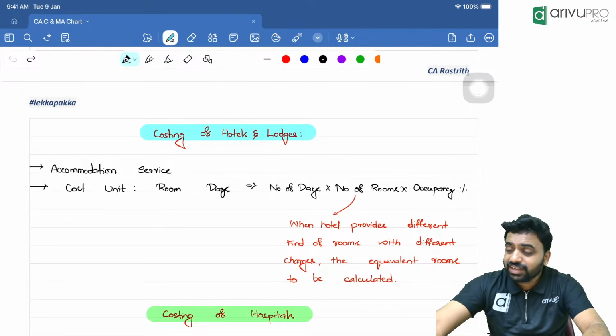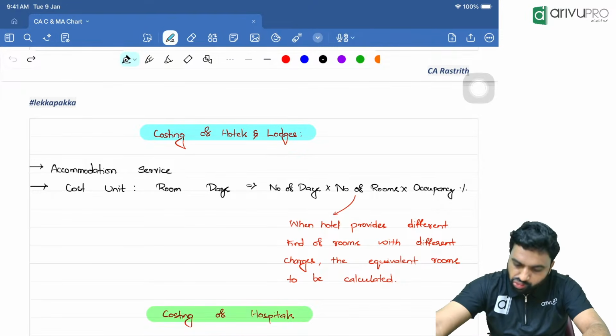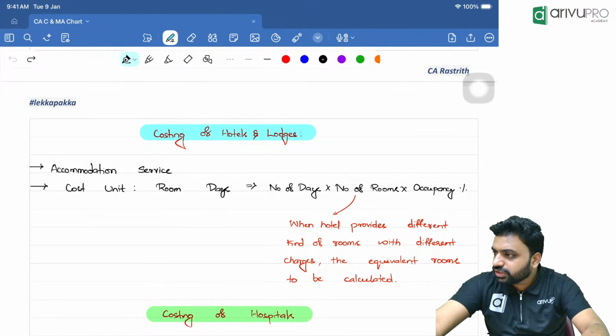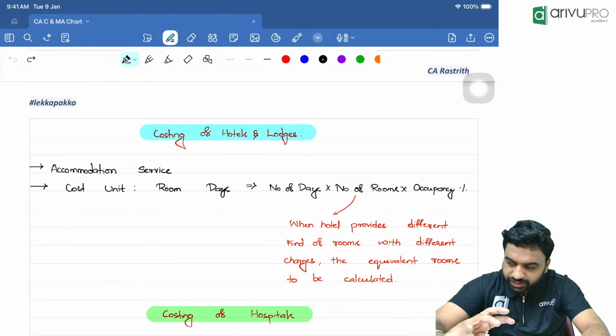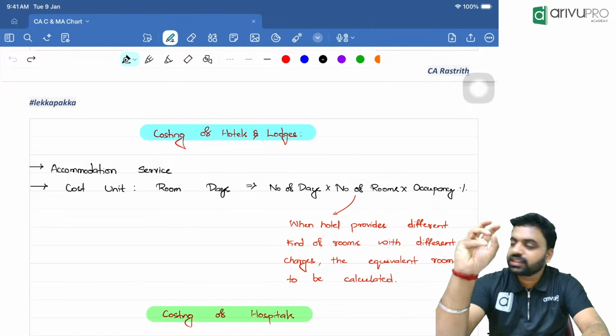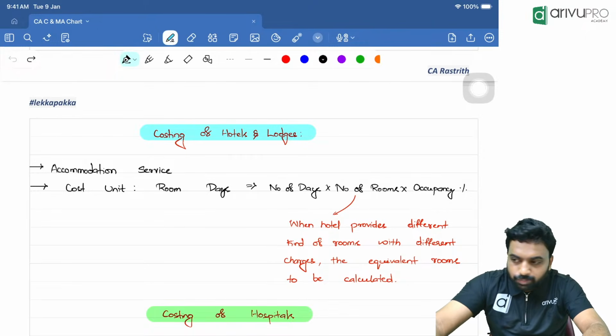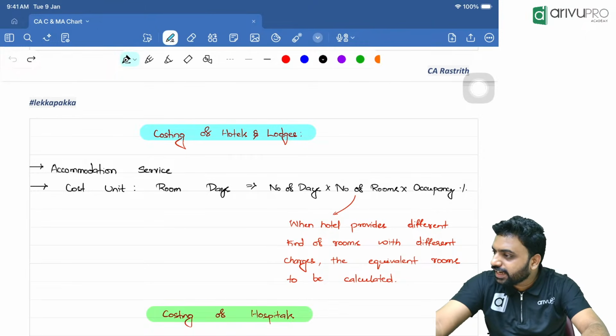Do you have to pay for the full hotel or only for your room? That's why we will find out cost per day. If I take the total hotel cost in the numerator, and in the denominator I divide it by days, what do I get?